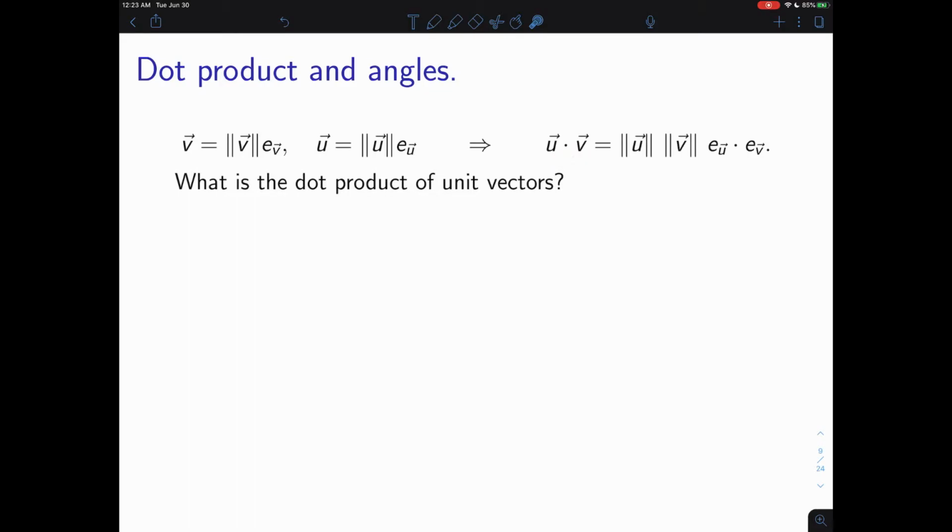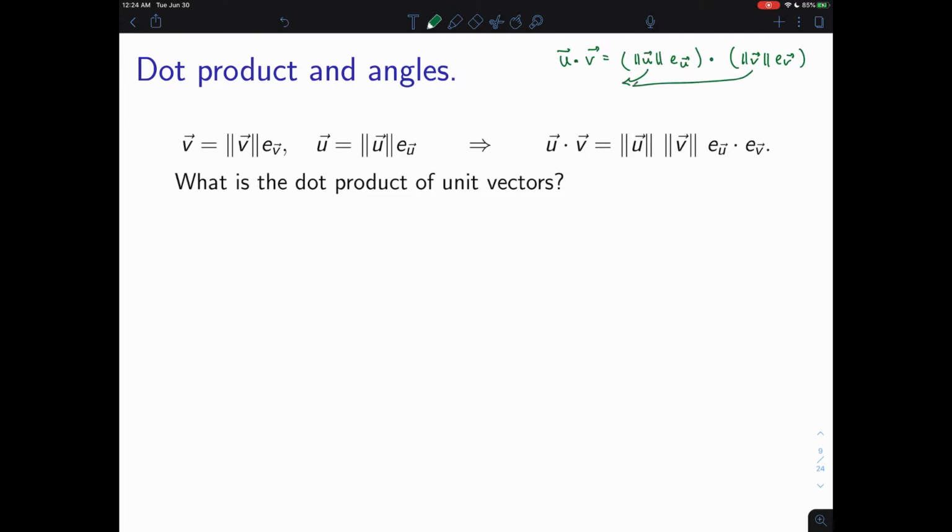Well, for u dot v, one of our properties was that if I have a scalar multiple of a vector, I can pull that scalar multiple in front. So I'm writing that u dot v is the magnitude of u times a unit vector, dot product with the magnitude of v times a unit vector.